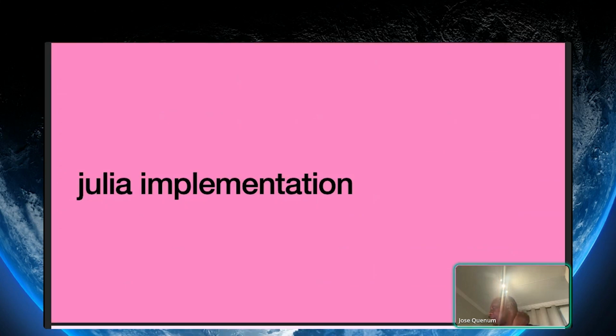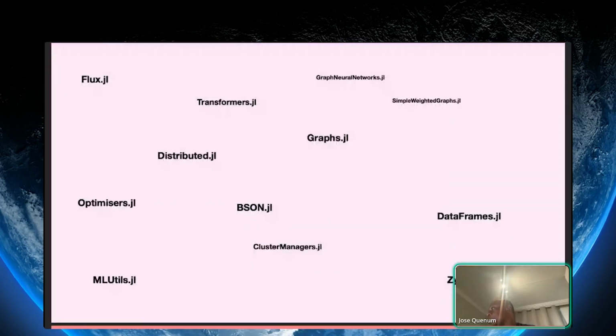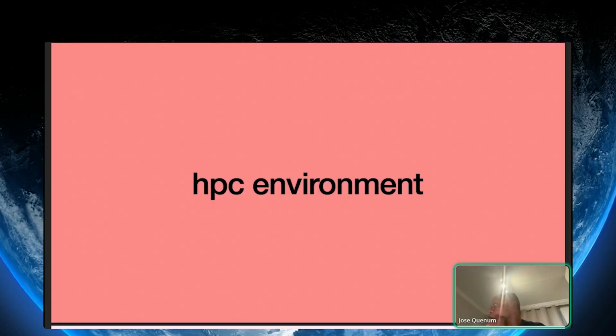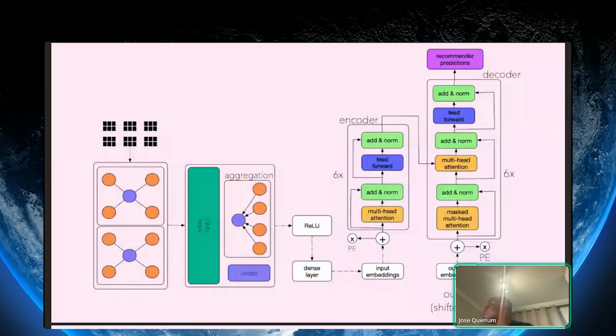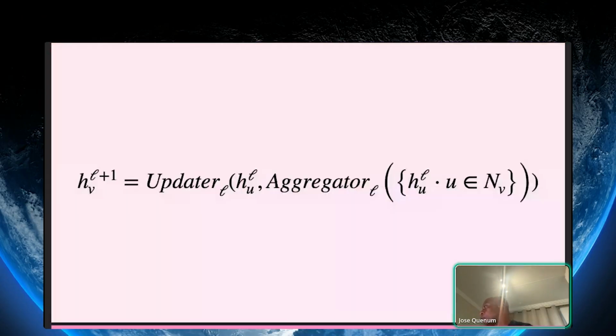So let's dive into the implementation based on the background that I just gave you. Our implementation uses a lot of predefined packages: Flux, Transformers, Distributed, and so forth. You can see that our architecture is quite heavy, so it requires a lot of compute resources.